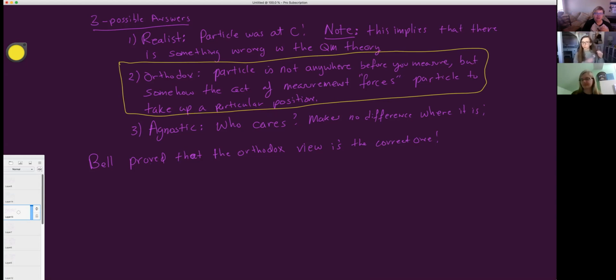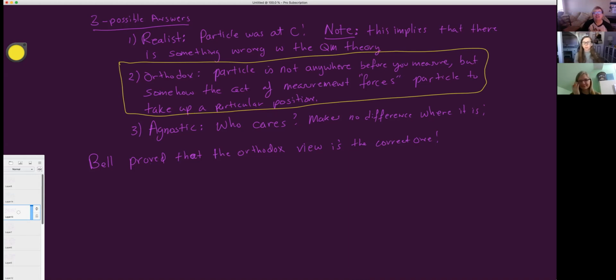And Bell and many experiments since Bell's experiments really proved experimentally that the orthodox view is the correct view. That there really isn't anywhere. It doesn't have that property. It doesn't exist in some sense. I mean, of course, there's a non-zero probability of finding it in all these different places. So it's not like it doesn't exist, although you might convince yourself that maybe it doesn't exist.